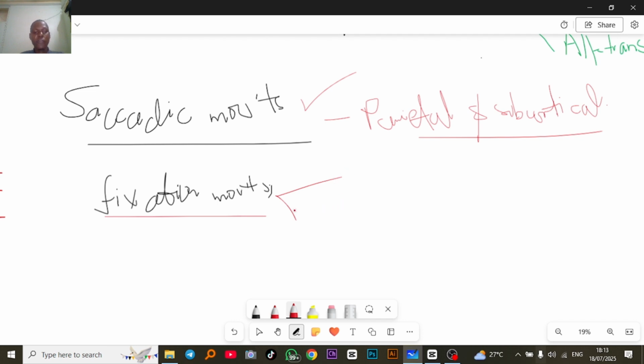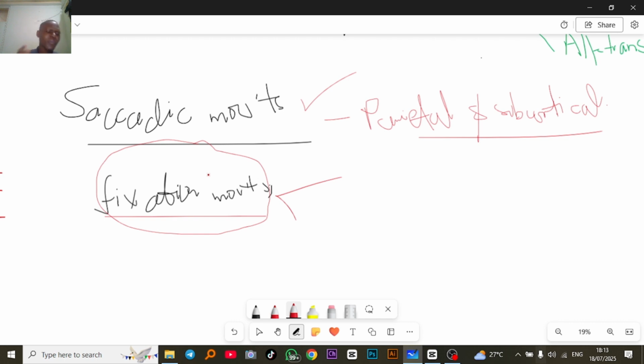The fixation movements are whereby you look at something, like when your eyes are fixed on it, like how you're looking at your screen and you're not shifting your eyes. That's what we call fixation movements. And as we have these fixation movements, the eyes cannot be fixed forever. There are always some slight movements.